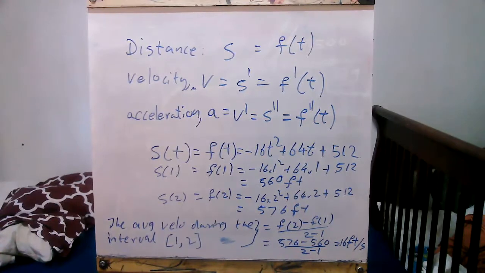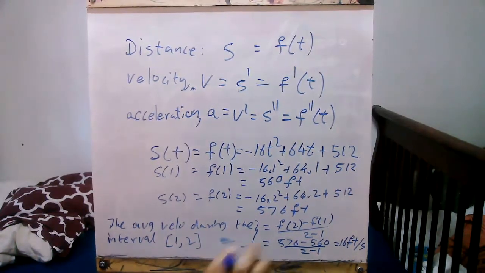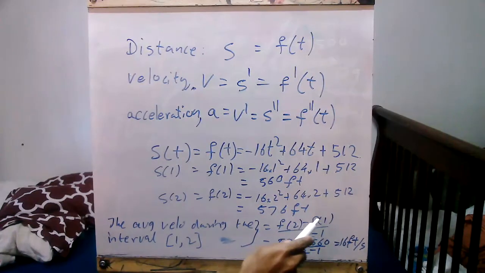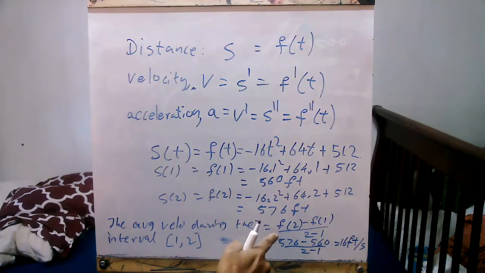When we find the average velocity, we get the distance at the second second minus the distance at the first second. We get the difference between them divided by the time interval. Time interval from 1 to 2 is 2 minus 1. Final minus initial. This is the same as y2 minus y1 divided by x2 minus x1. Right? So the slope, you remember when we were talking about the slope of straight lines, we get this answer.